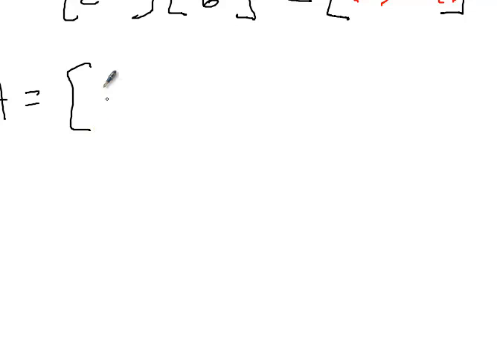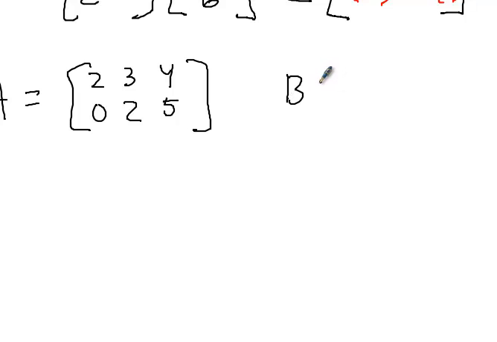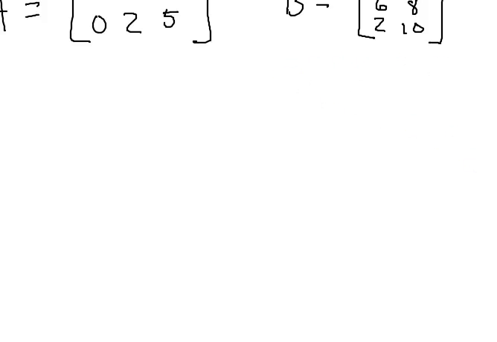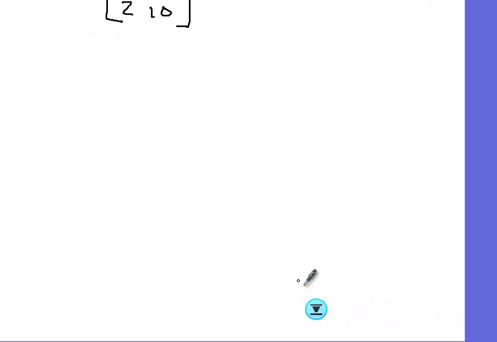So let's say A is 2, 3, 4, 0, 2, 5. We're going to multiply that by B, which is 5, 6, 2, 0, 8, 10. Now again, we first want to look at our matrices and find out the dimensions of each.